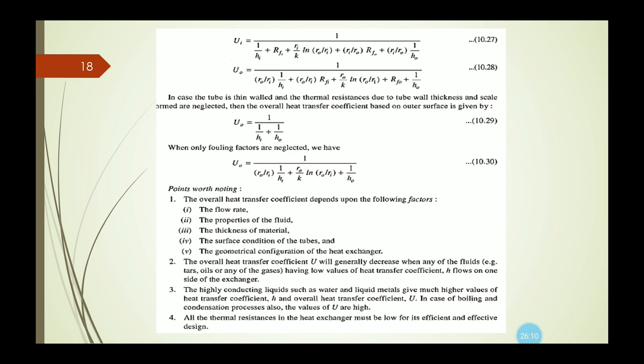The overall heat transfer coefficient U will generally decrease when any of the fluids, for example tars, oils, or gases having low values of the heat transfer coefficient h, flows on one side of the exchanger. Then all the thermal resistances in the heat exchanger must be low for an efficient and effective design. In boiling and condensation processes, the values of the overall heat transfer coefficient are high. In one of the next lectures we will study that module, boiling and condensation.